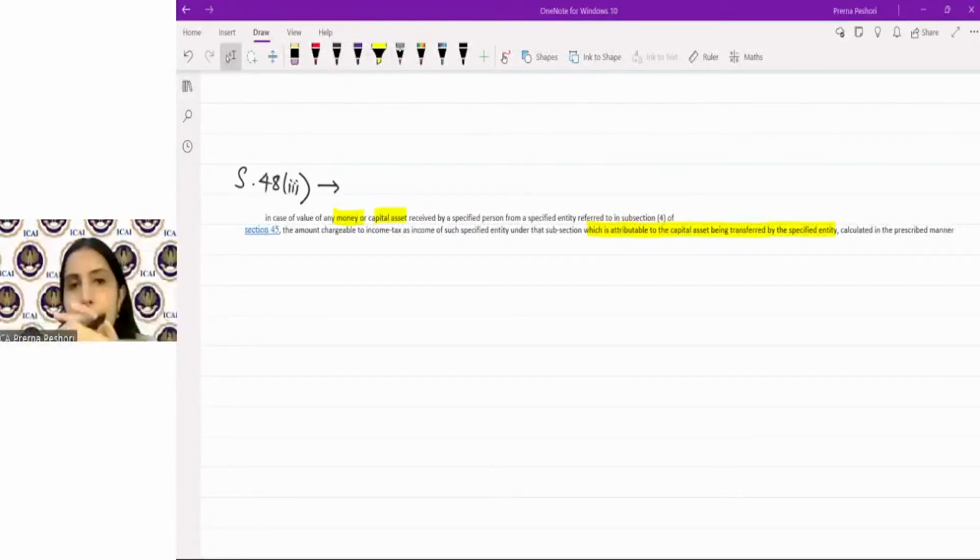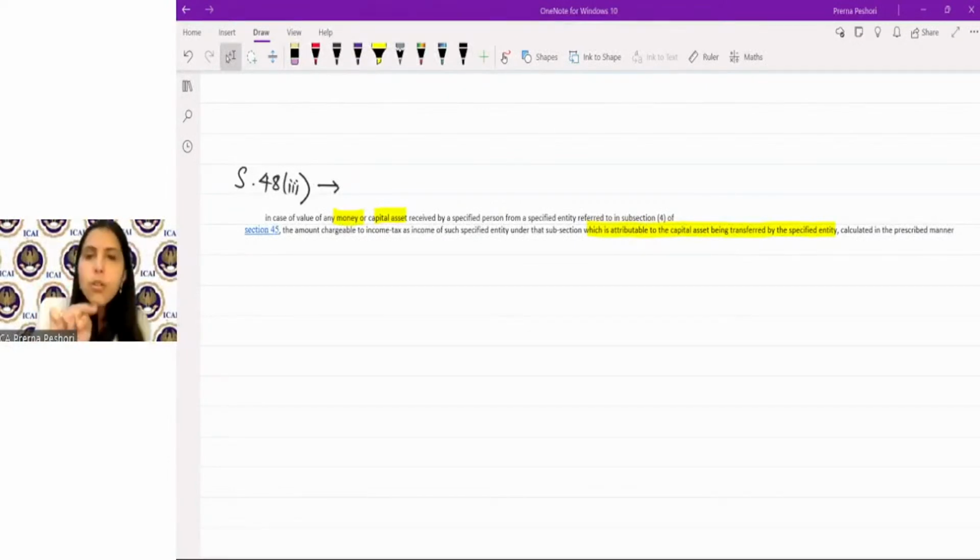Now understand one thing. Income tax fundamental principle is that we can only tax the realized gains unless there are specific exceptions where unrealized gain is also taxed, right? So under 9B, when the firm is transferring the asset, you are taxing the realized gain of the firm, right?